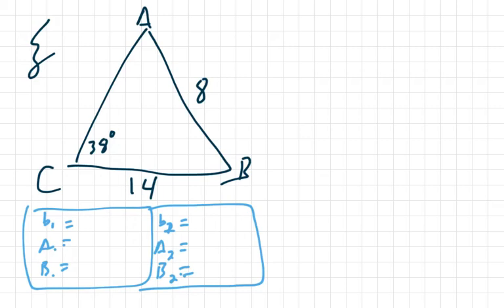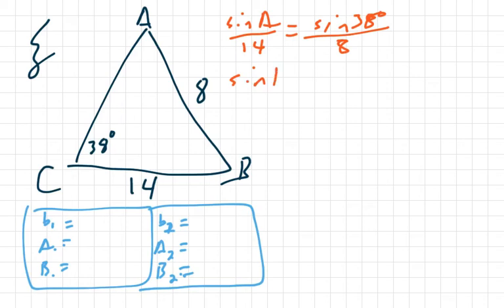So here we go. We've got sine A over 14 equals sine of 38 degrees over 8. So sine A equals 1.08.